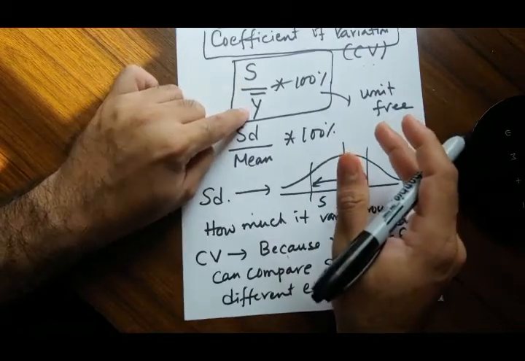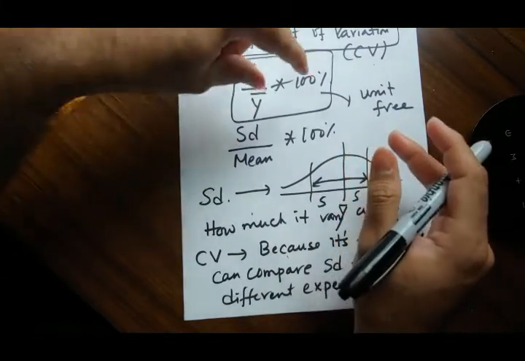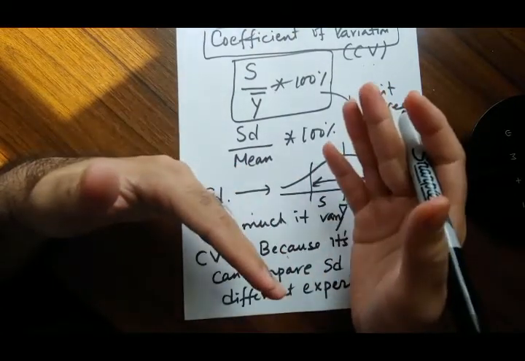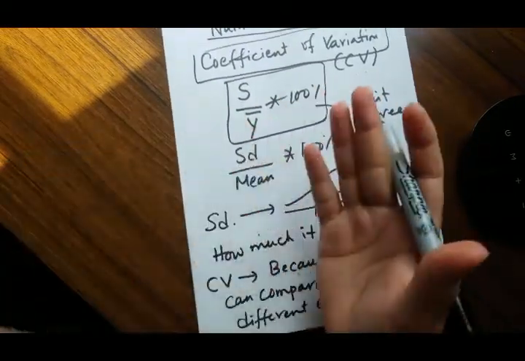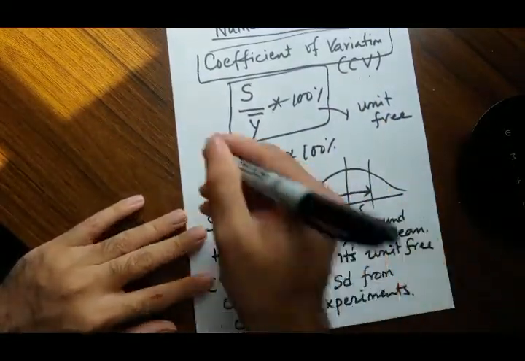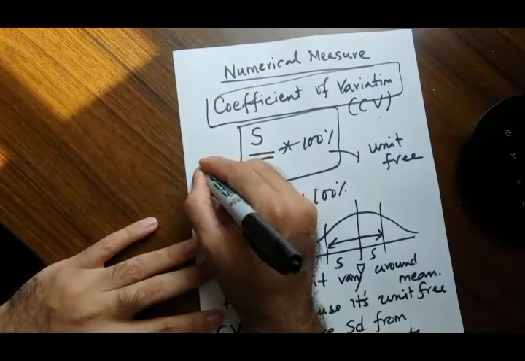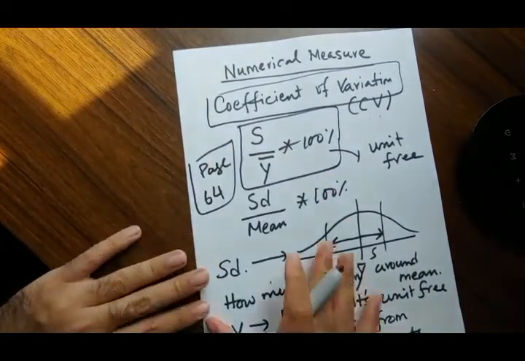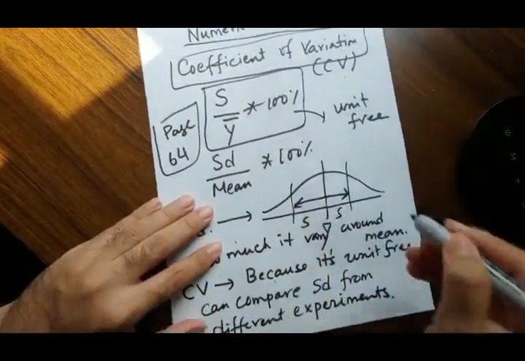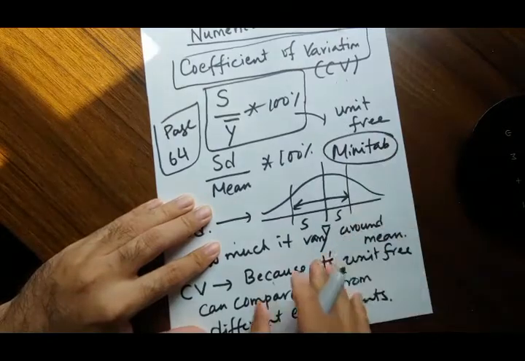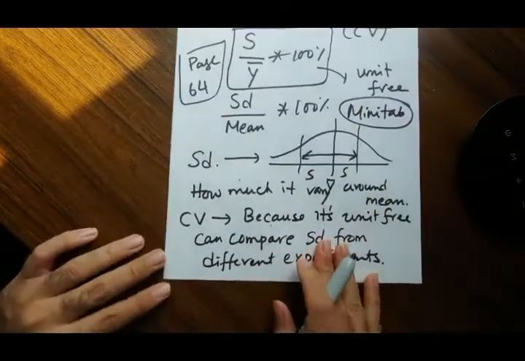But if I divide that by the mean, then it's a percentage, and I can compare how much increase in percentage happens for the mouse weight and how much increase in percentage happens for the elephant's weight. So that's the purpose. If you want to read that, it's on page 64 in your book. But that's an important measure. Again, we will use Minitab to calculate this, so you don't need to know how to calculate that by hand. That's true for this one too.